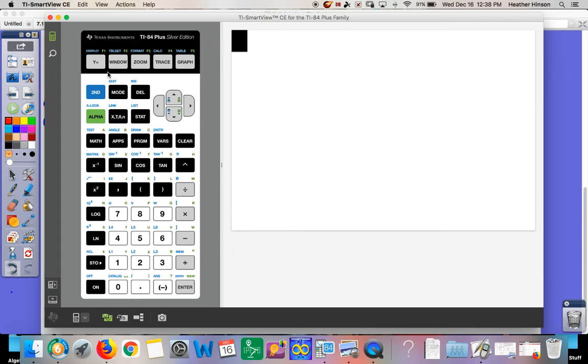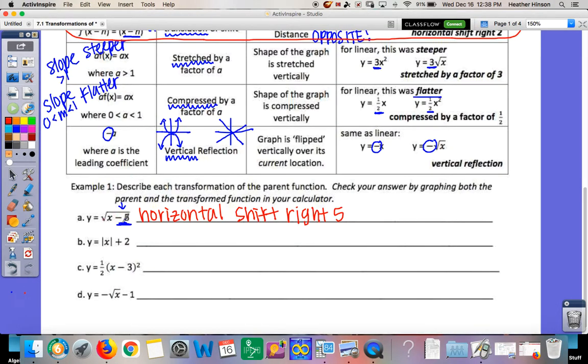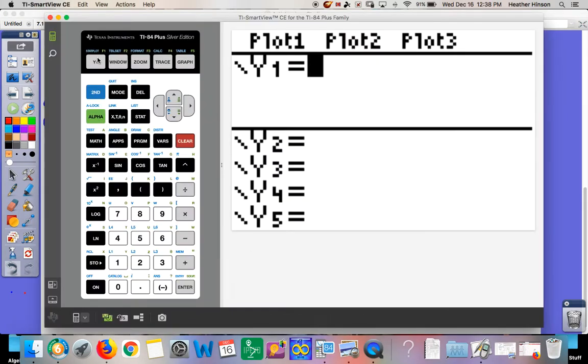And we can check it. So we can go to y equals. We're looking at a square root function. So I'm going to put our parent function in first. You can go back to the top of the page. The parent function for square root is square root of x. Not squared. Square root. There we go. Square root of x.